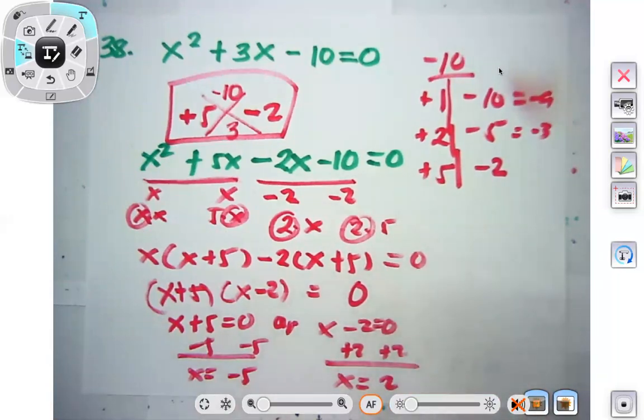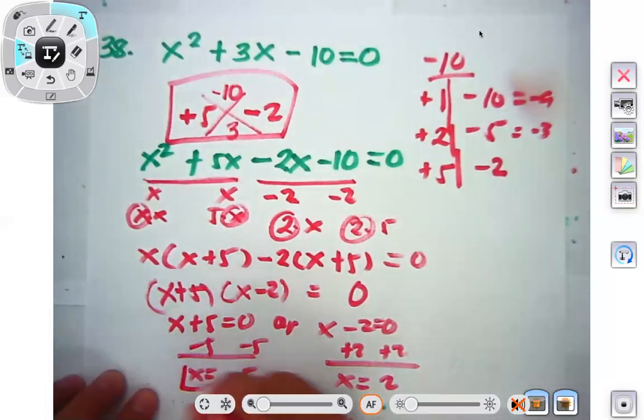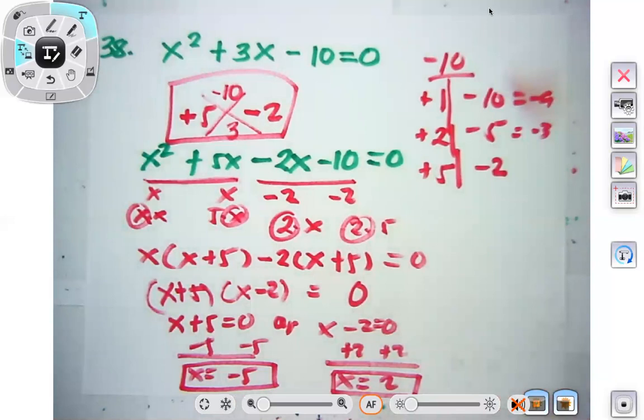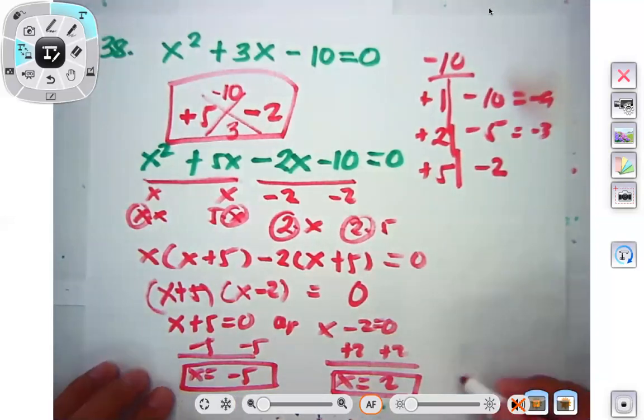So we have negative 5 and 2 as your solutions. You can also write your answer in set notation. We have negative 5, 2.